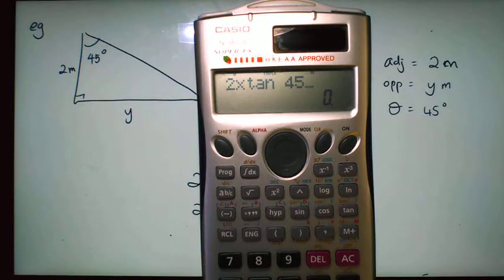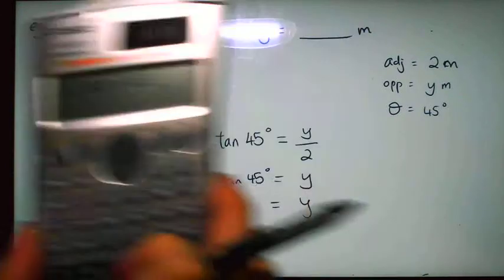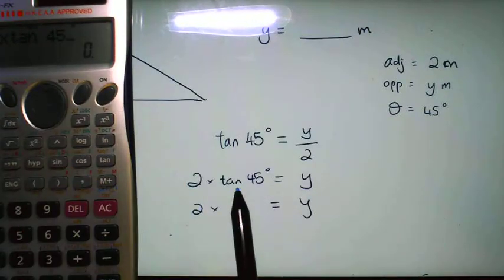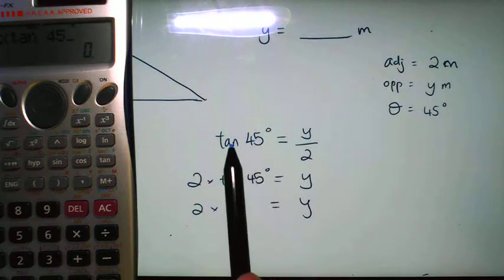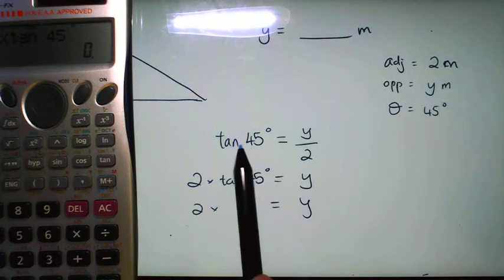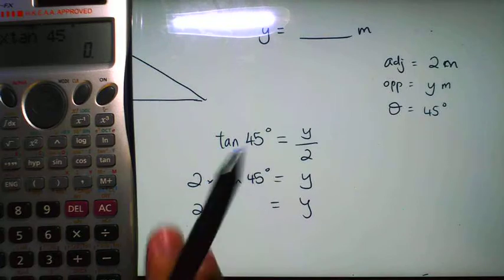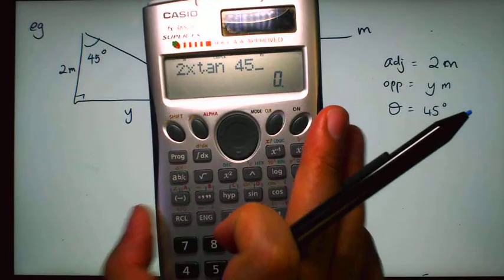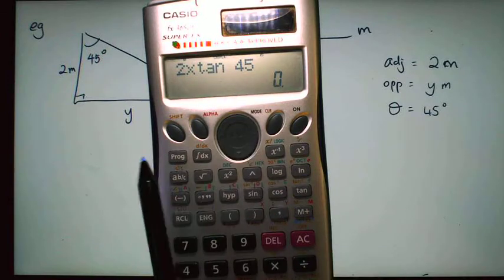Okay, this time it is not necessary to press the shift, because look at the question. We've got tangent 45, right? See, the angle is next to the tangent thing, right? Straight away, tangent of the angle sides is not necessary to inverse of it. So in this case here, we just press tangent 45, so no shift.